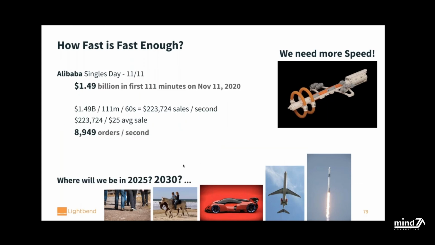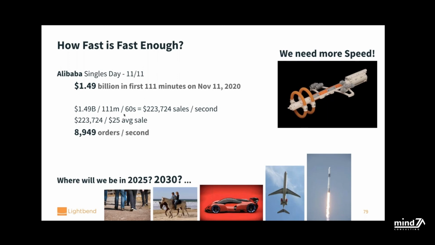Now, another one that I think is very interesting is Alibaba. There's this annual shopping event, a massive shopping event, primarily in China. It's called Singles Day, and I believe it's on November 11th every year. They put out a statistic in 2020 that in the first 111 minutes of 11/11, they did $1.5 billion in orders. $1.5 billion in just under 2 hours.